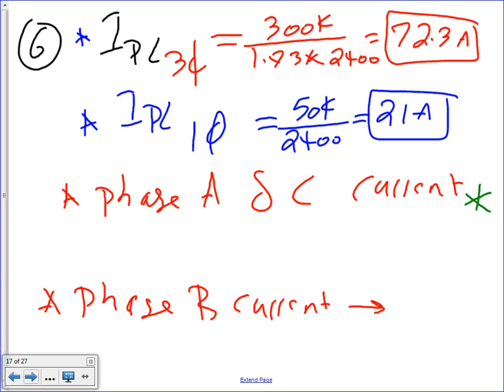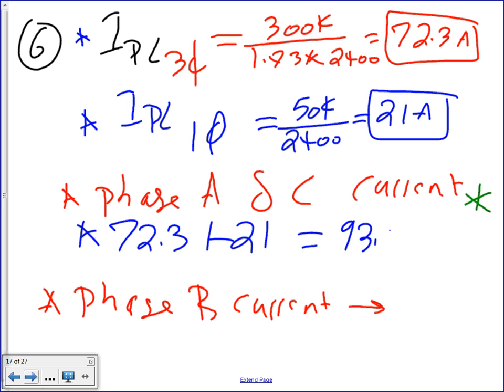You got it. So for phase A and C, you take the 72.3 plus the 21, and that's how much they're going to see, these boys: 93.4 amps. Now phase B. Everybody knows why B is not going to see that.